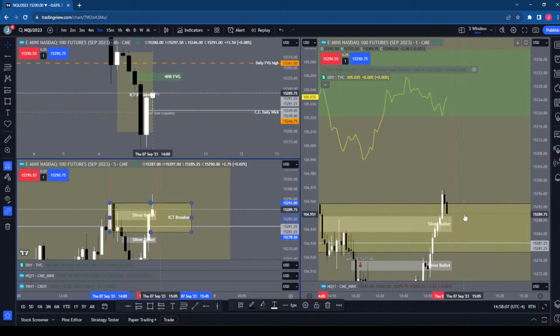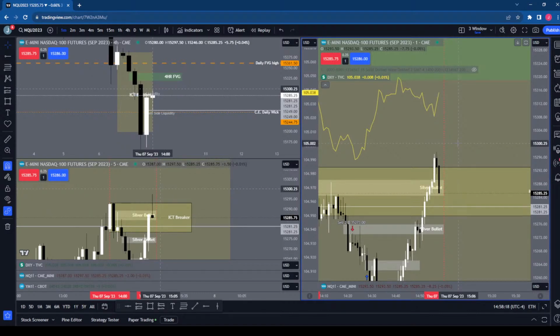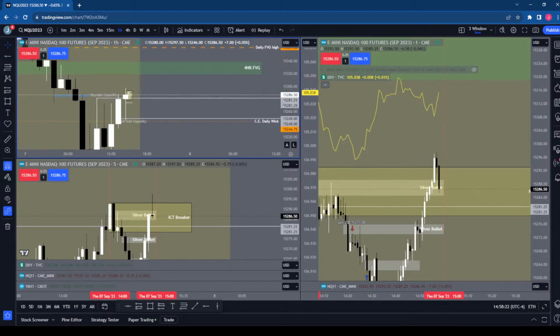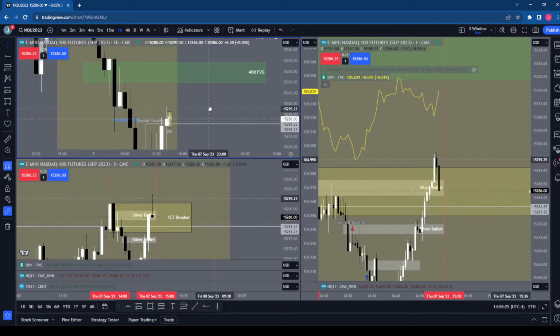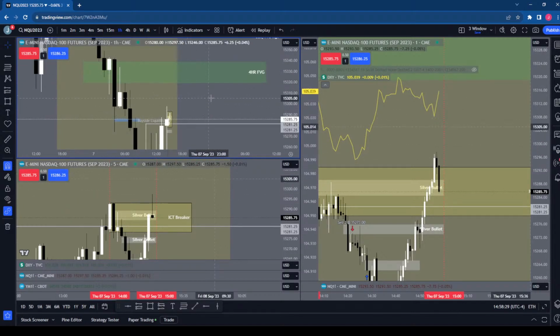Let's see. Oh, interesting. Came up, tapped this up close candle.